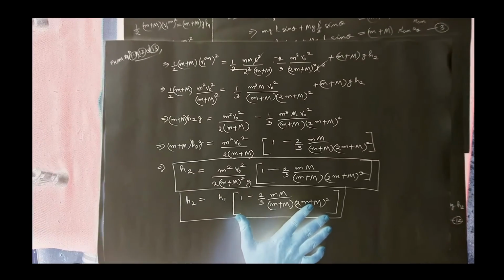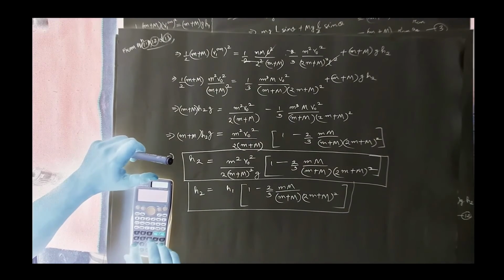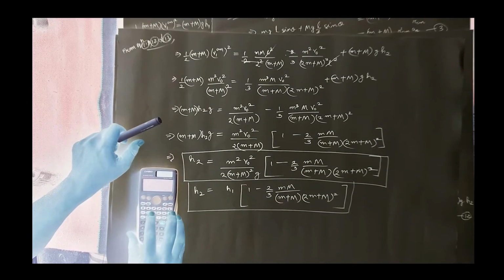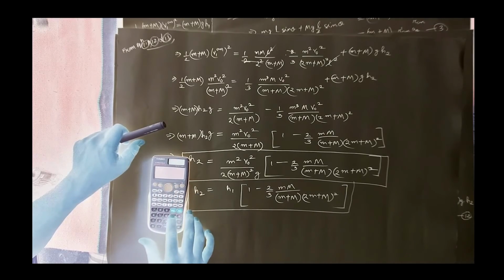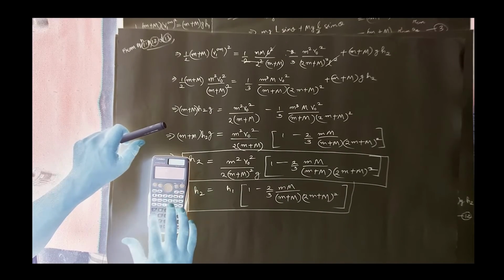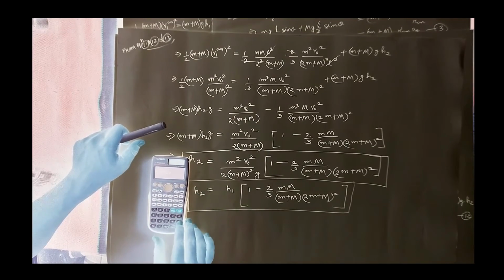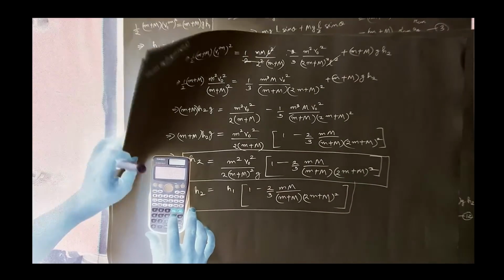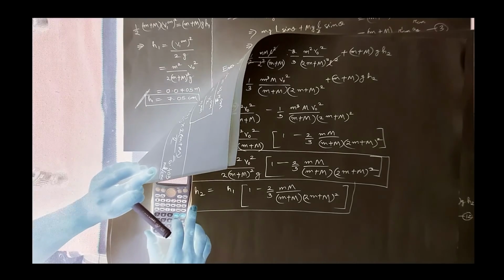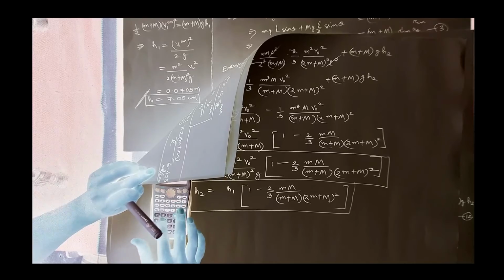But let us put all the values that I have taken, small m, capital M, all the things. It is 1 minus 2 divided by 3 into 10 to the 4 divided by 3 into 1010 into 1020, into h1, which was 0.0705 meter.